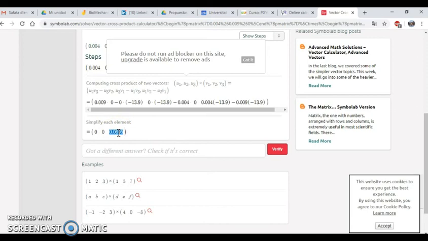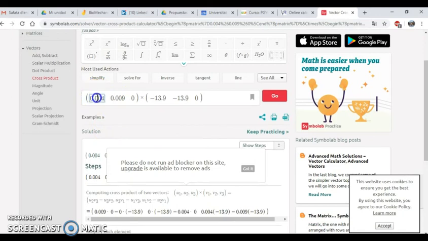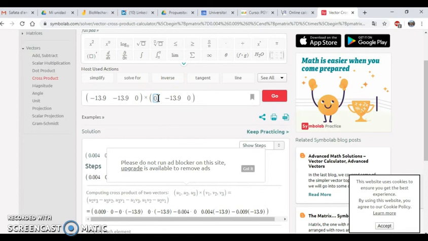So I would like to show you one important thing, which is what happens if we shift the two vectors. If we put here minus 13.9, minus 13.9, here is 0.004, and here 0.009.